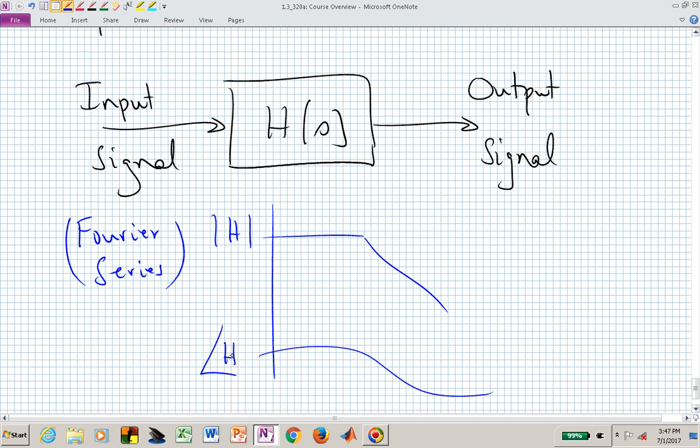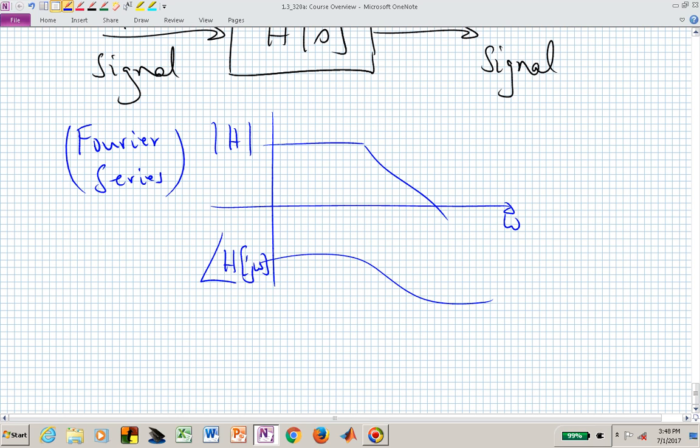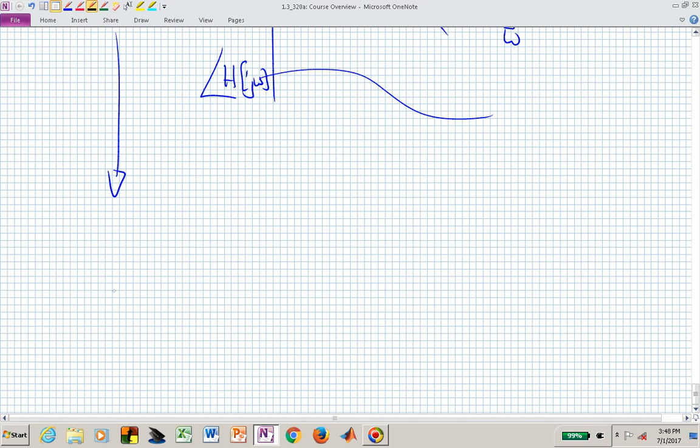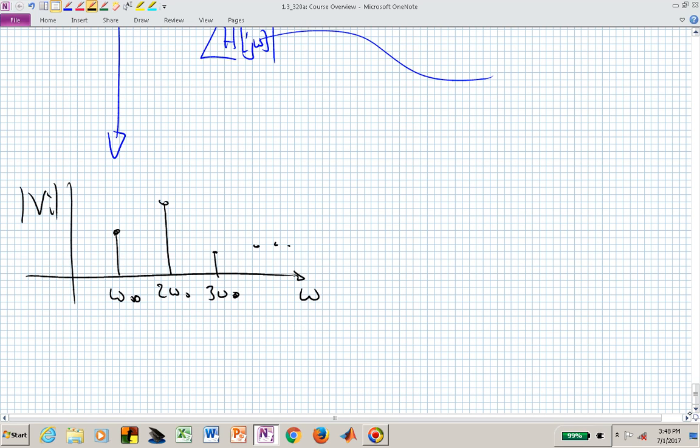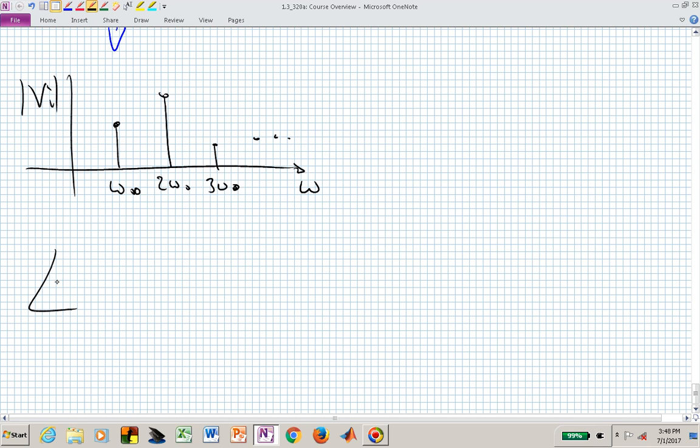That's the frequency response of this system as a function of omega. In combination with the Fourier series of our input, where the input might have a particular magnitude at the fundamental frequency, the Fourier series will allow us to find what's happening at each of these higher harmonics in terms of its magnitude and angle.